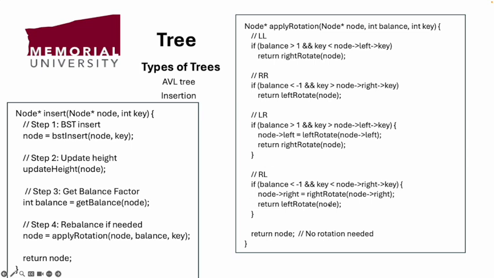In this condition, the balance is less than -1 and the key is less than the node's right key value, so we process the right-left rotation. For each condition, you need to be clear which type of rotation to process to keep the tree balanced. It means keeping the AVL tree after insert.